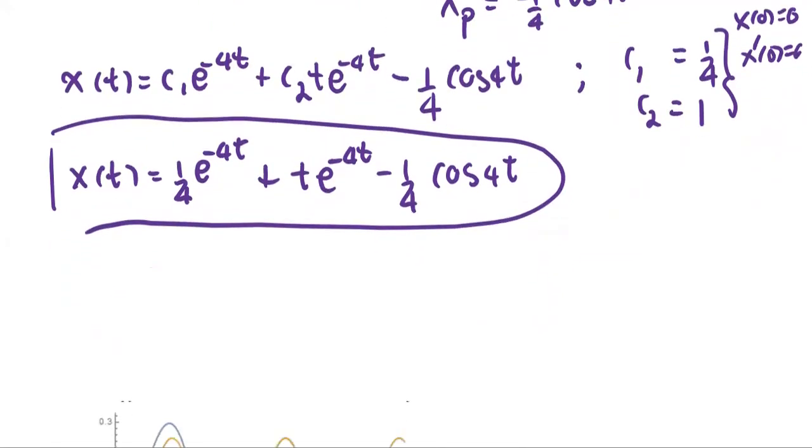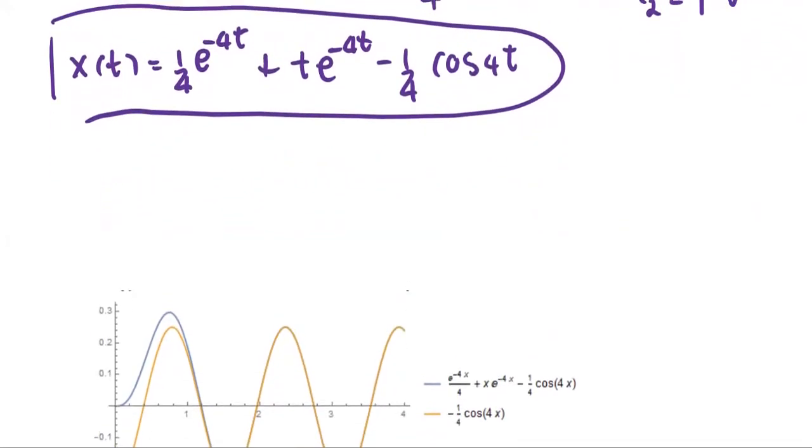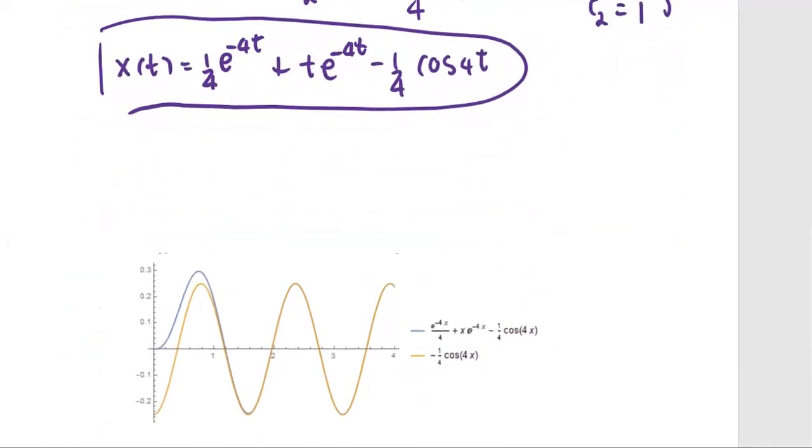Okay, so from this solution form, you can see the graph. The graph will be the blue one. Since it starts at rest, the slope at the first position is 0, and the position at the beginning is 0.